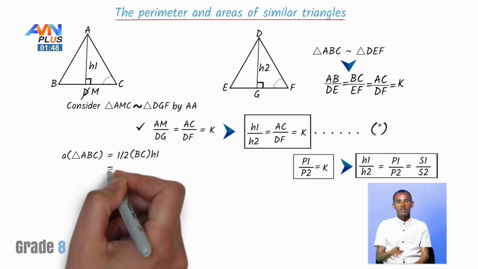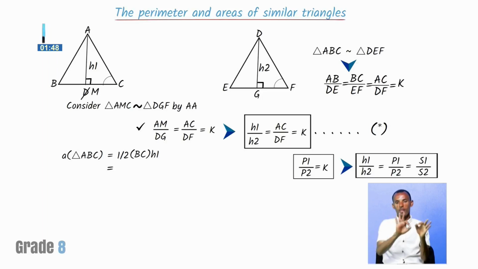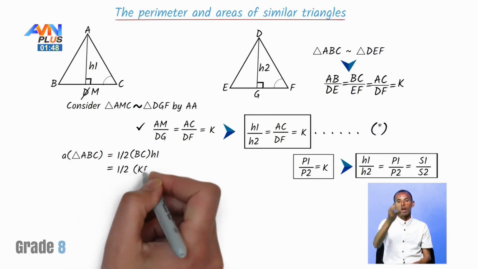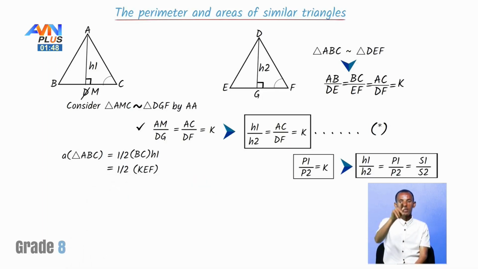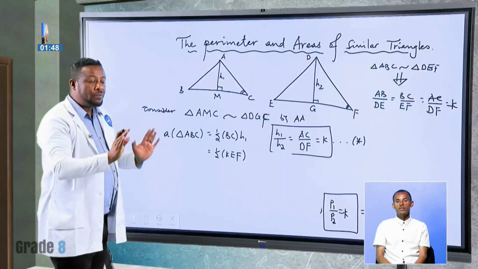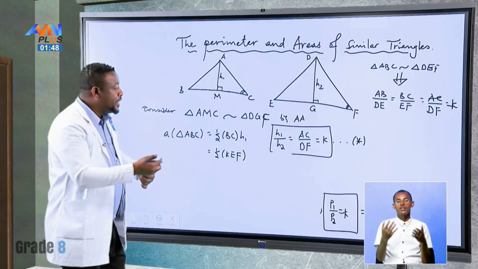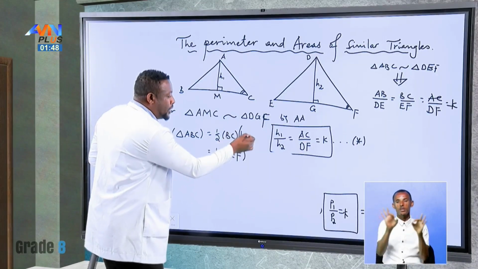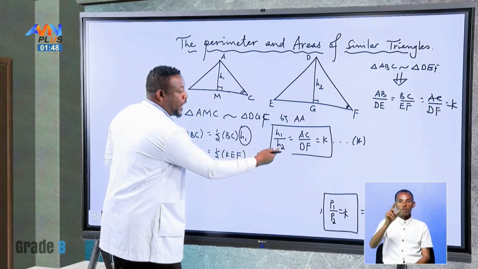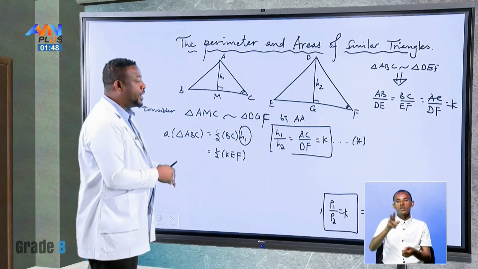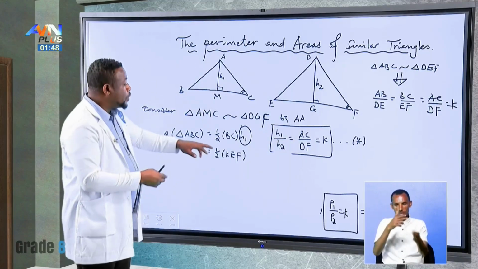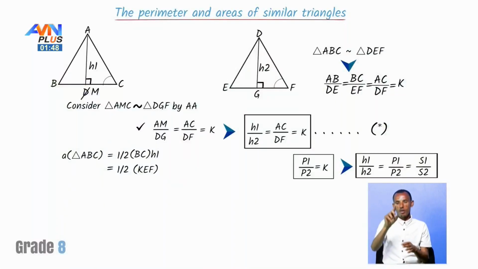So in place of BC, you can substitute K times EF. The other thing, in place of H1, you can substitute H2 times K, okay? Because H1 over H2 is K. So in place of H1, you can substitute K times H2, right?